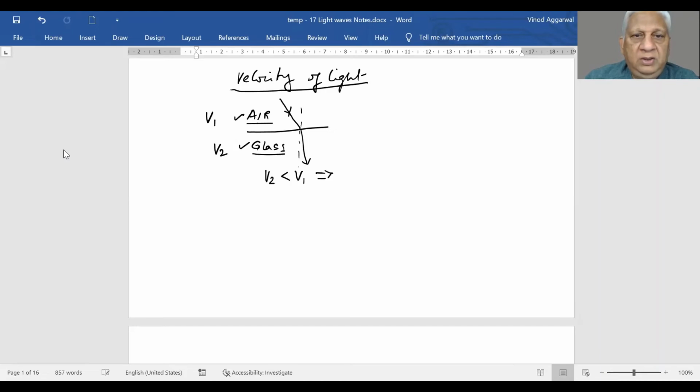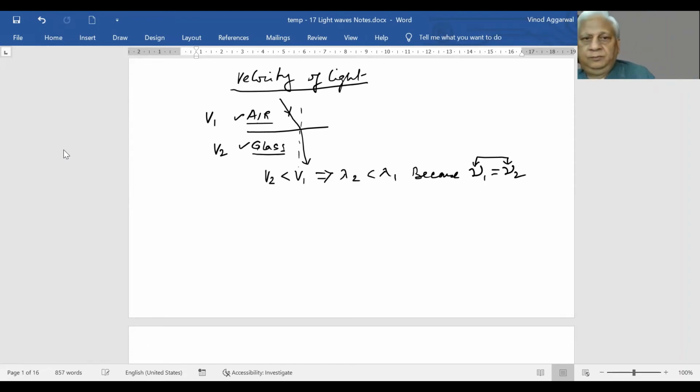Also implies that lambda 2 going to be less than lambda 1 because frequency never changes. Frequency in both the media will remain same. If frequency remains same and wavelength changes, so obviously the velocity will change.